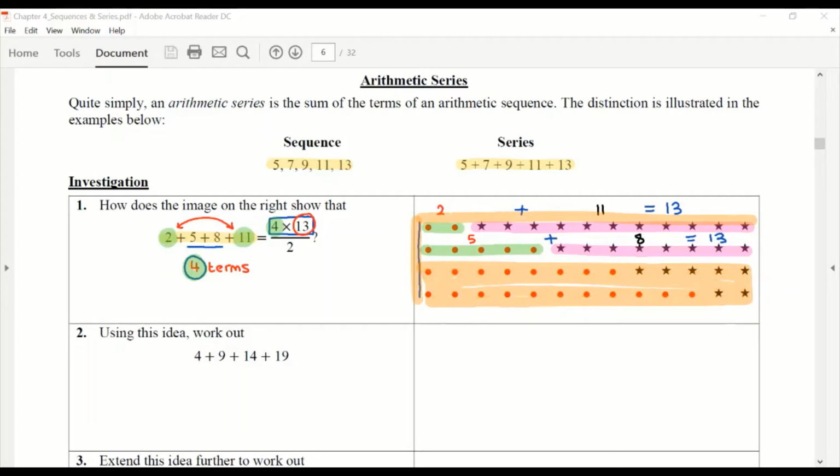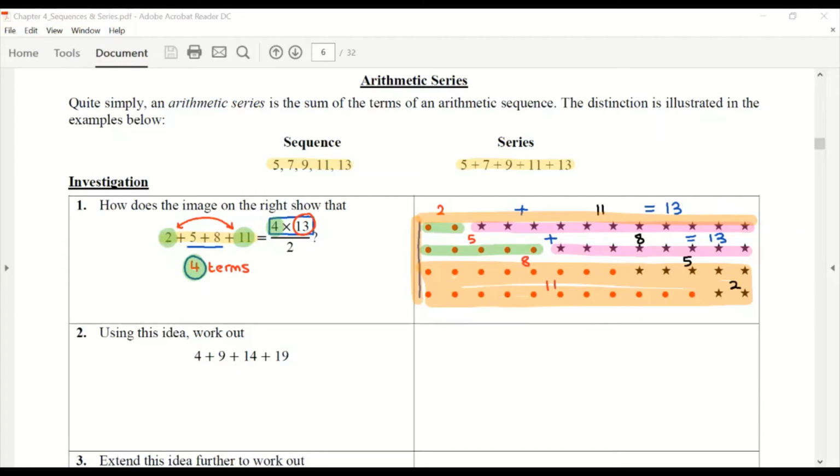Now, if we add up all these, we're actually adding up twice the amount that we need. And you can see that because in the third row, we've got 8 red dots, and in the fourth row, we have 11 red dots. And if we correspond that to the black stars, here we have 5 black stars and 2 black stars.